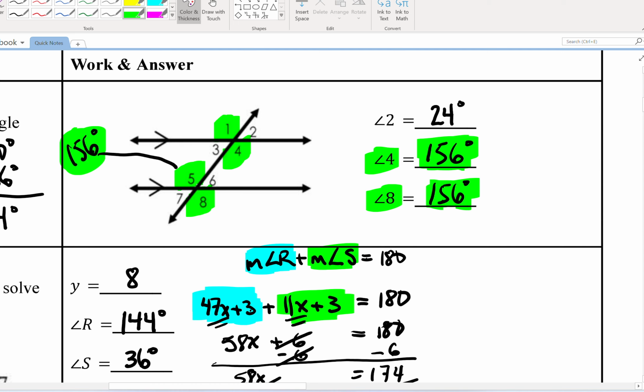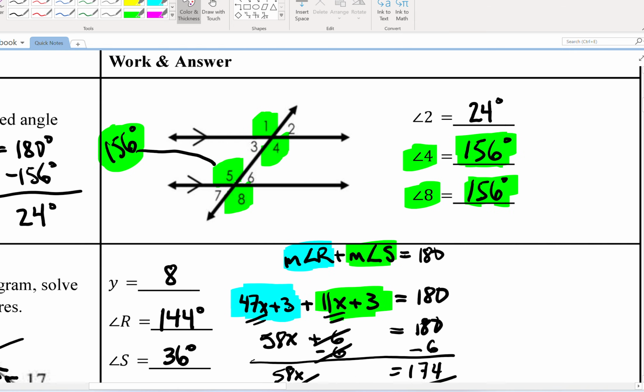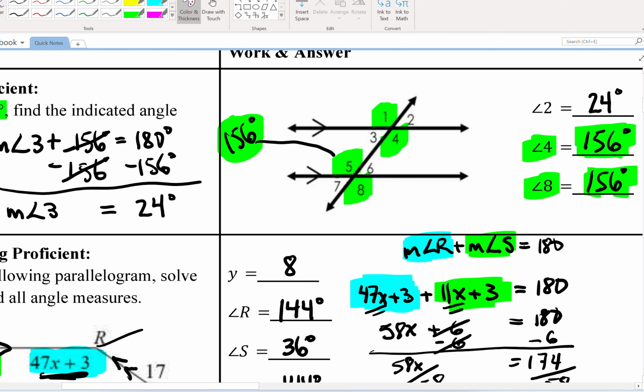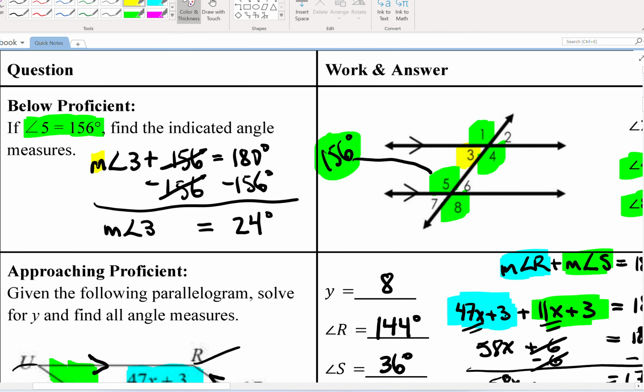Ahora, para tener la diferencia, si me fijo en 3 y 5, no son congruentes, pero sí son suplementarios. Entonces, la medida de ángulo 3 sumado con 156 grados, que es lo de ángulo 5, se suma a 180 grados.